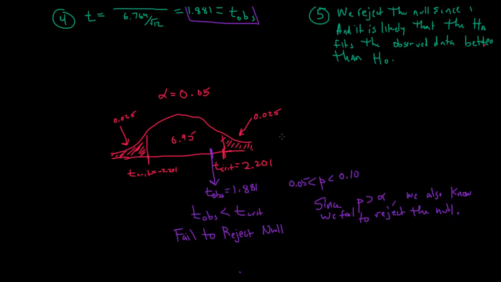So, to recap, when we changed alpha, the conclusion changed. Before, we rejected the null because our observed t-value was beyond our critical value. But when we changed the level of significance, all of a sudden our observed value was less than our critical value, which means that we fail to reject, which means we retained the null hypothesis.